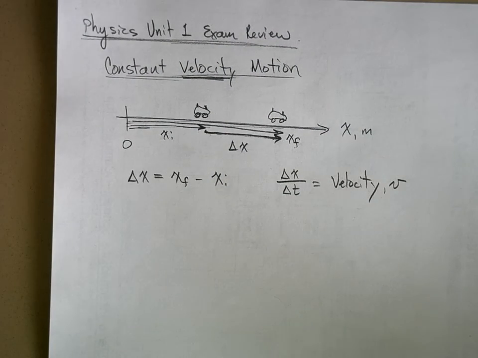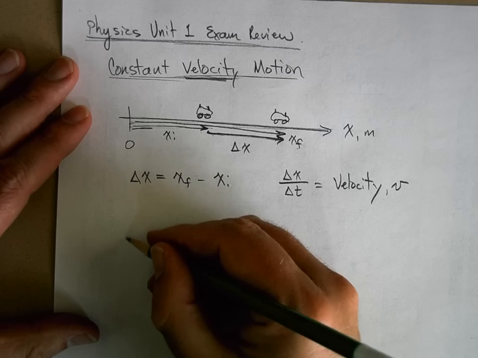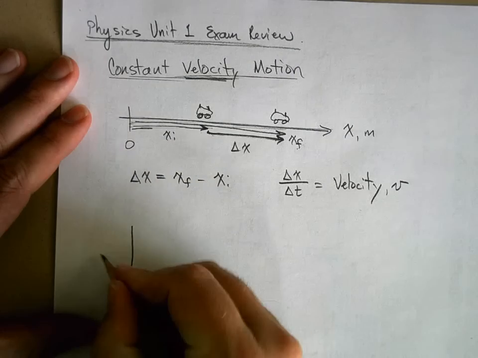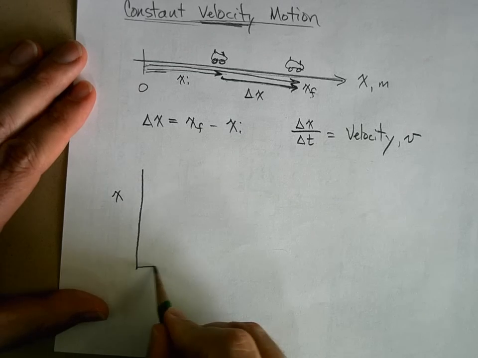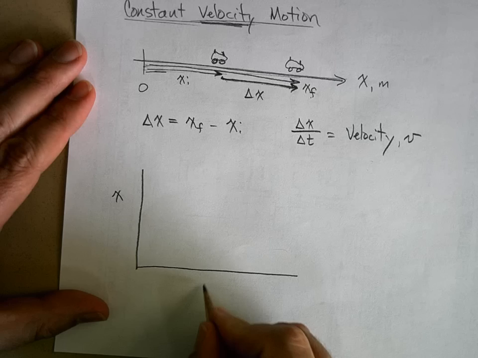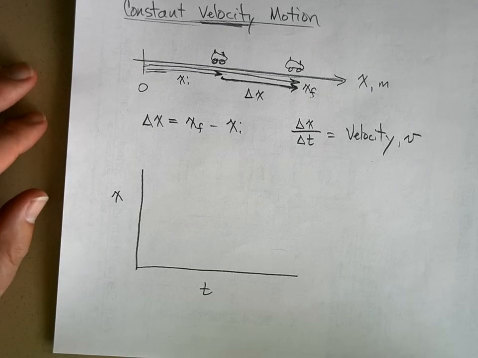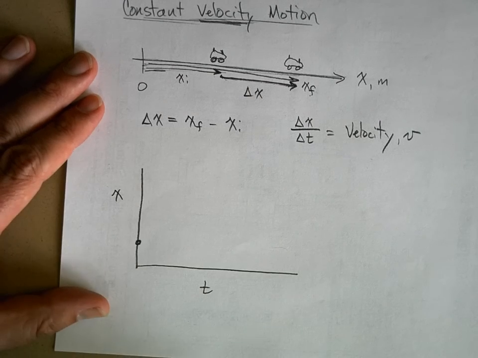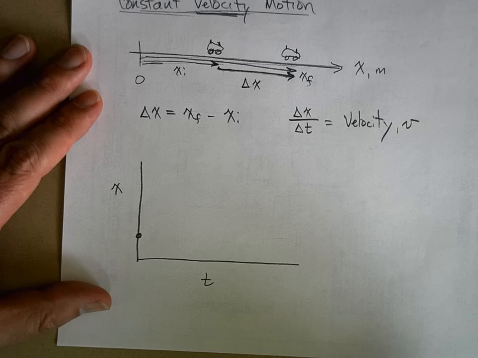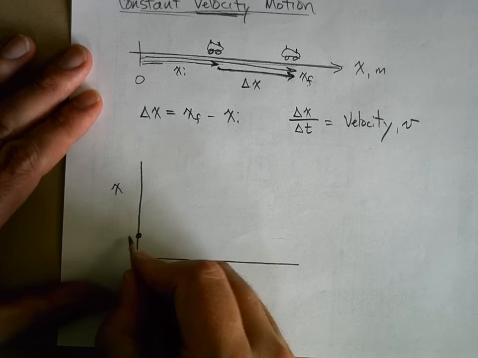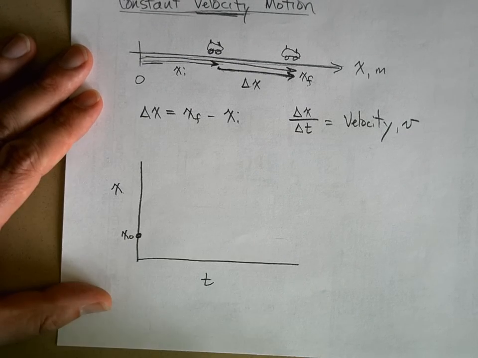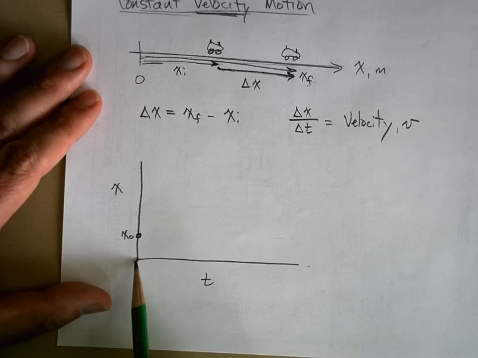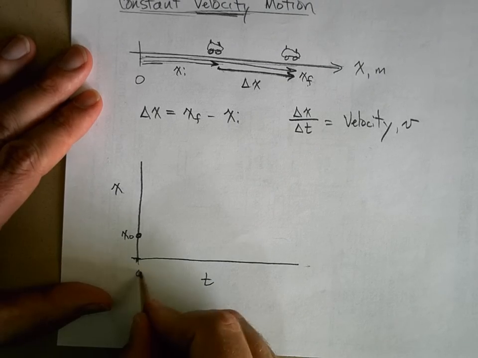Now, of course, one of the first things we did was we plotted position as a function of time. And this gave us our graphical model. And we said, like, if an object was right here, that was its position on the x-axis when time was 0, right? Here's the time axis, when time is 0 at the origin here, and these are both 0.